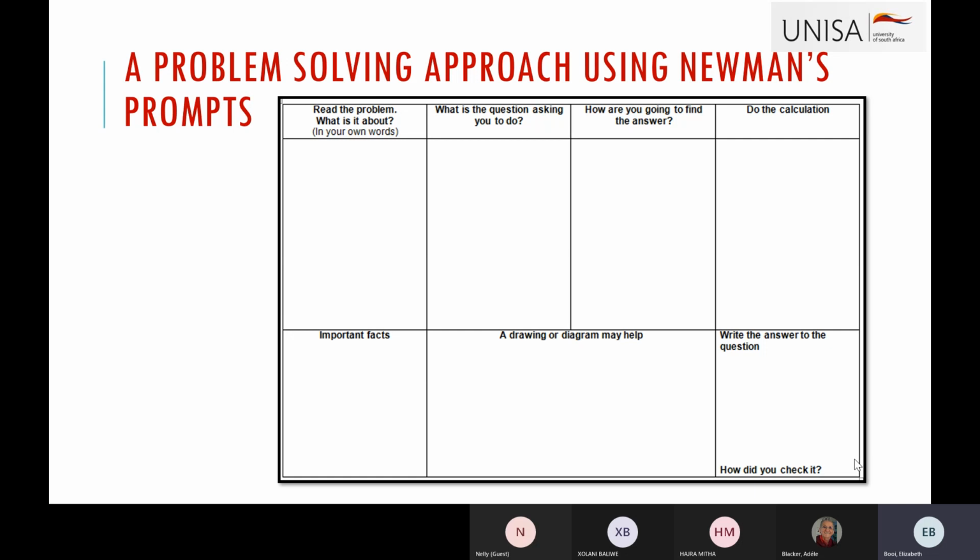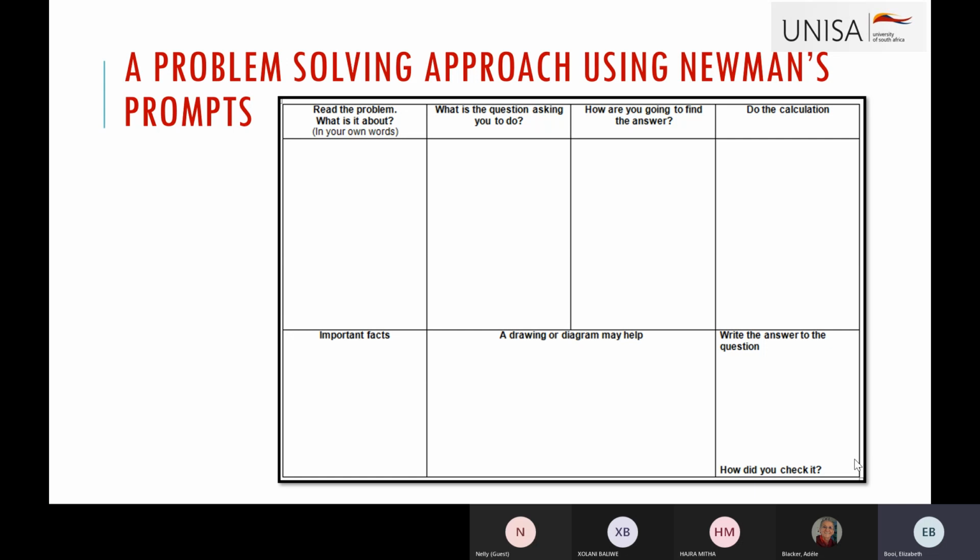Then identify what the question is trying to tell you or is asking you to do by also identifying the facts that are inside the question. For example, if they give you the standard deviation, identify what kind of standard deviation.